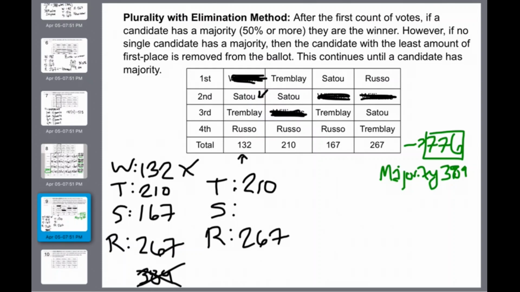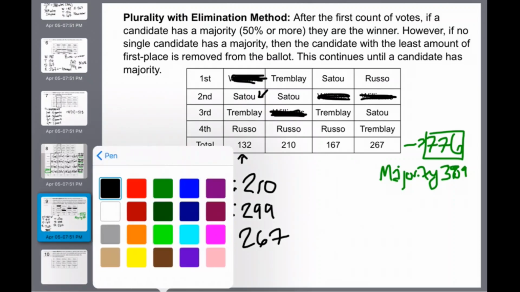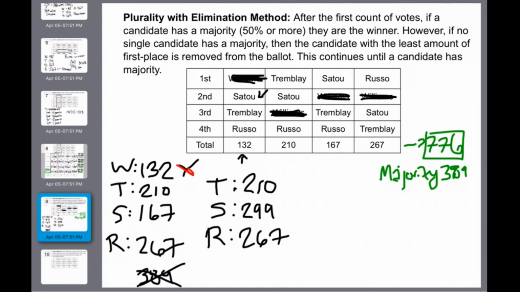If we add his original 167 to 132, he now has 299 votes. Again, none of them have that 389 that they need for a majority, so we have to eliminate the person with the least amount of votes. That happens to be Tremblay. Sorry, Tremblay, you're out.